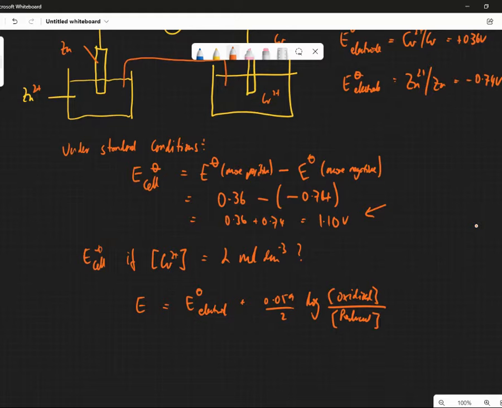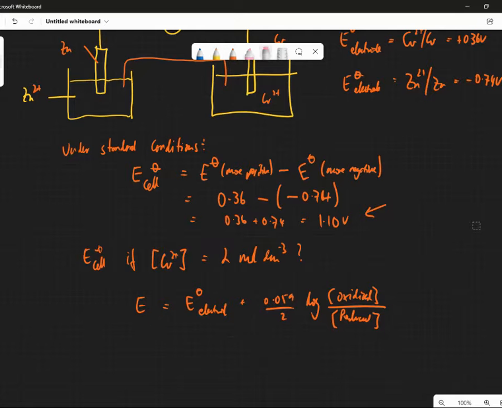And they think, and this is what I'm banging on about, that this gives the new cell potential, but it doesn't. It gives the new what? Exactly, Tapio. You're good at this. It gives the new electrode potential.